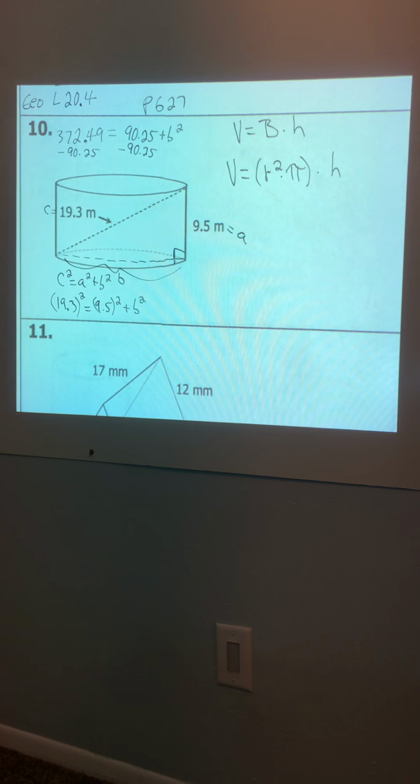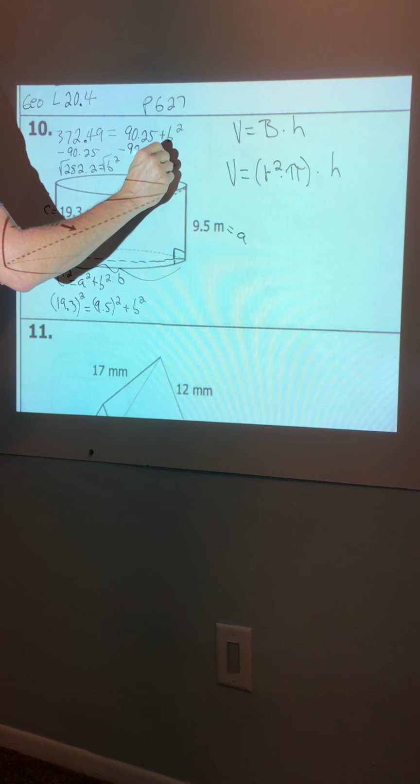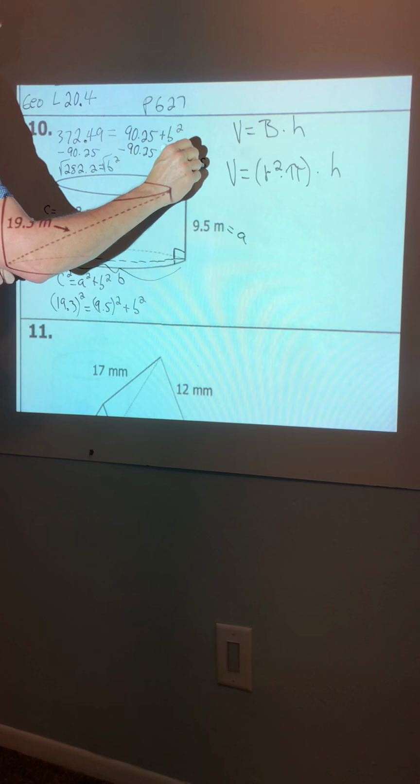All right, so now I'm going to subtract 372.49 minus 90.25, and I get 282.2 is b squared. You square root, so now I'm going to square root 282.2. And I get 16.8. So your B value is 16.8.